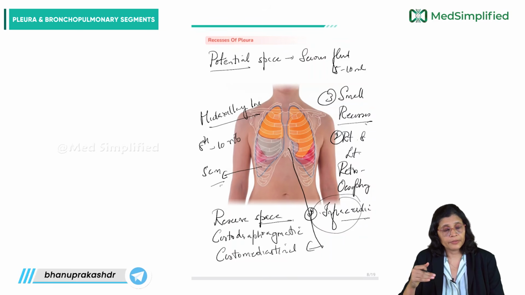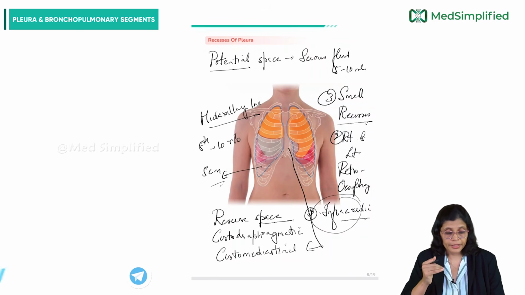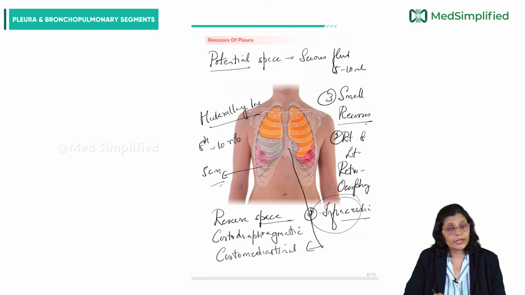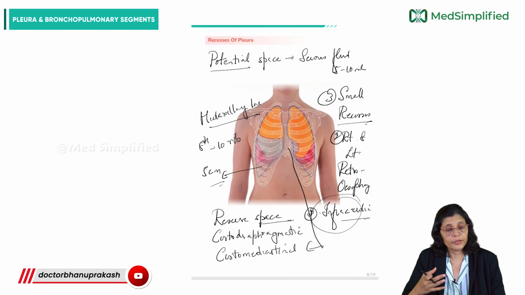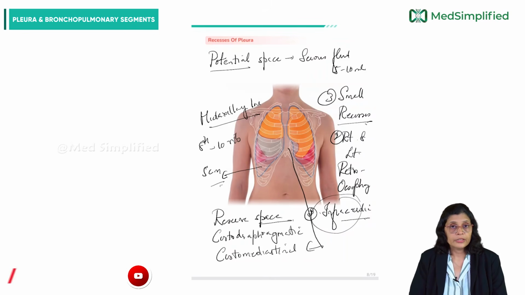The visceral pleura develops from the splanchnopleural layer of the lateral plate mesoderm, so it is supplied by autonomic nerves, the sympathetic nerves from T2 to T5. So it is insensitive to pain.